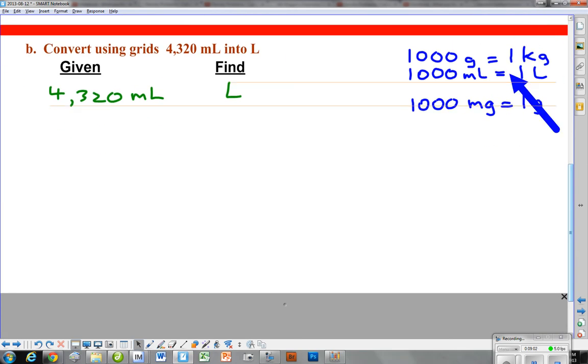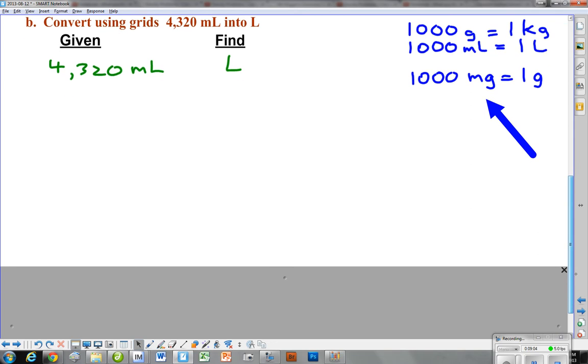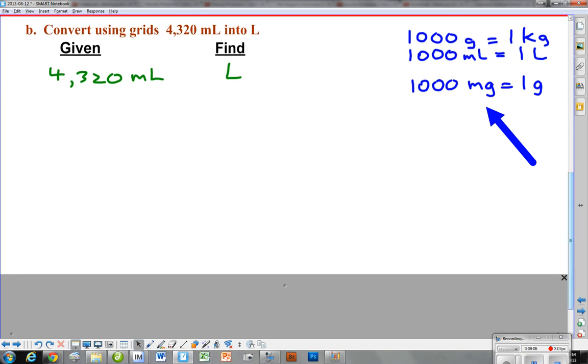Do we have something that takes us directly from the unit of measure that's in the given to the unit of measure that's in the find? And we look up here and we see that we got mils here. That's the only place we have mils. And we got liters. Bingo. That's our equality.